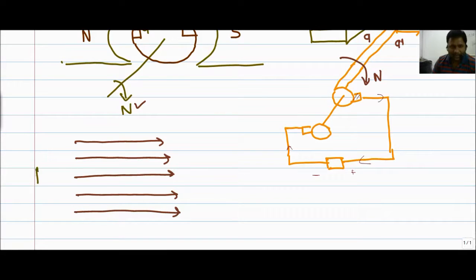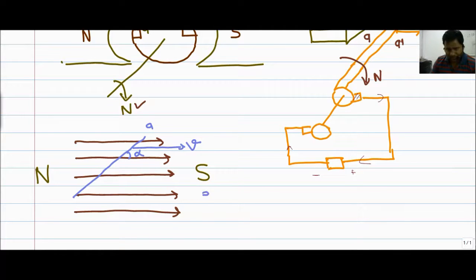Here we have taken a north and a south. Let us take a conductor A, any conductor which is moving in this magnetic field, making an angle alpha with respect to it. This is the velocity of the conductor moving in the constant magnetic field.